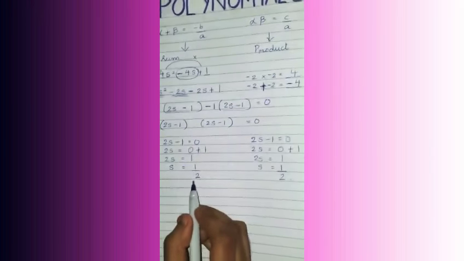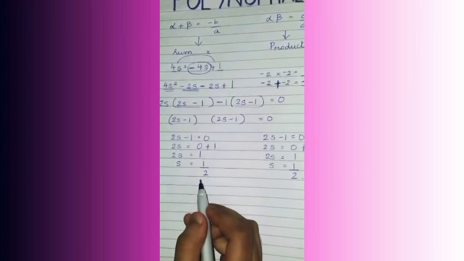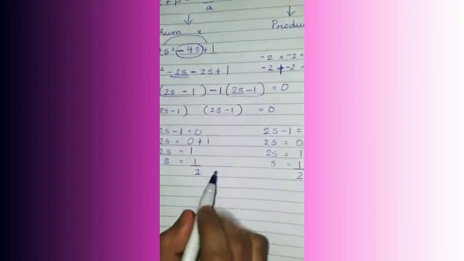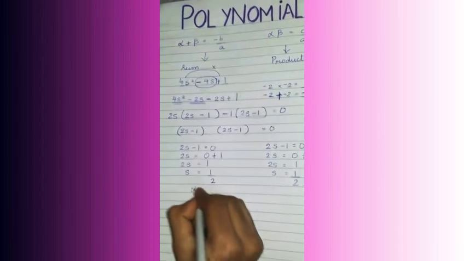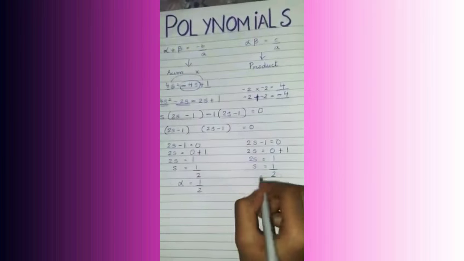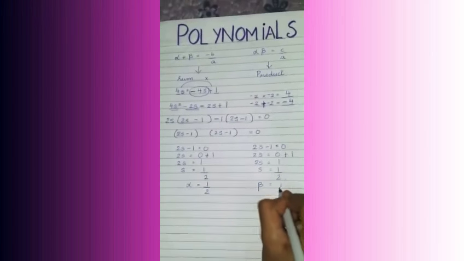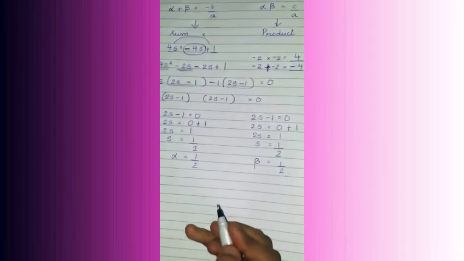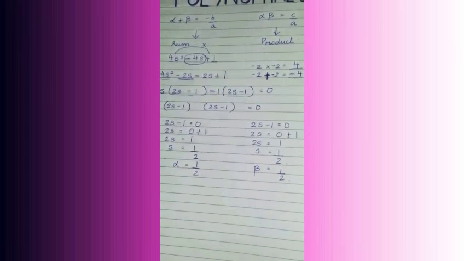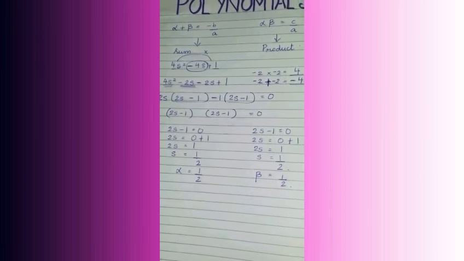So they are saying that verify the zeros. So zeros are alpha and beta. So here this is alpha and this is beta. Now we have to verify the relation between the zeros and the coefficient.